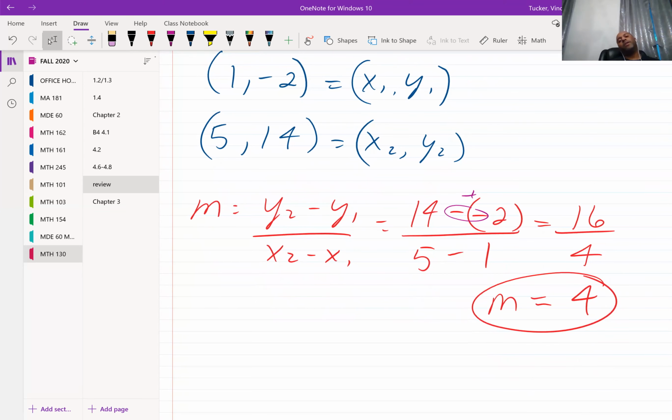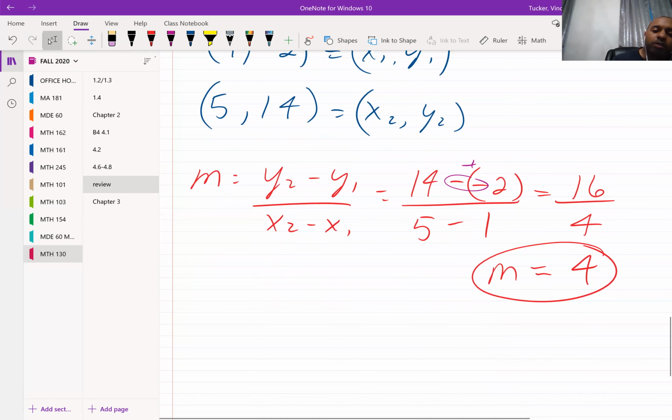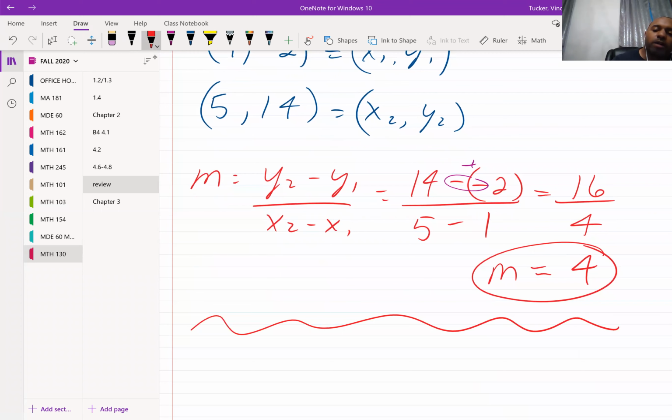All right. So if we want to use our slope to graph, the first thing we do is make sure that it is solved for y, because that would be considered slope-intercept form. So everybody done copying that?